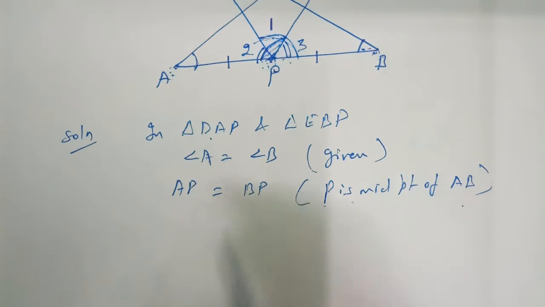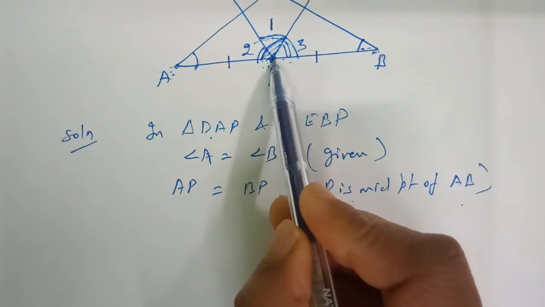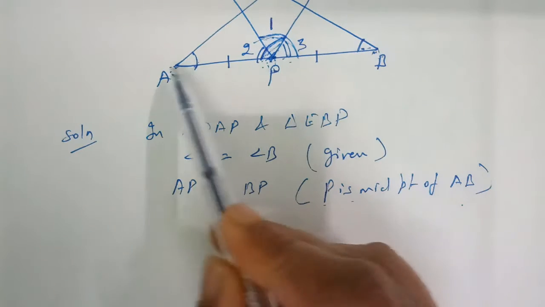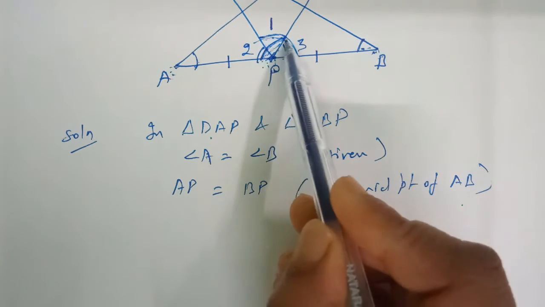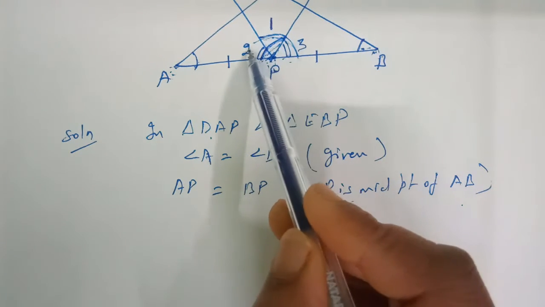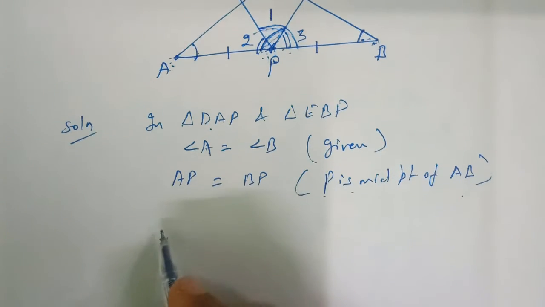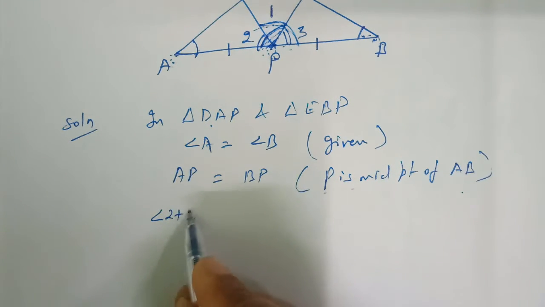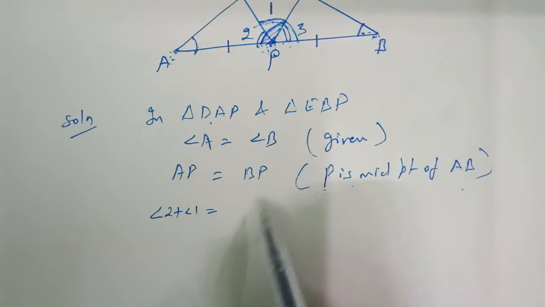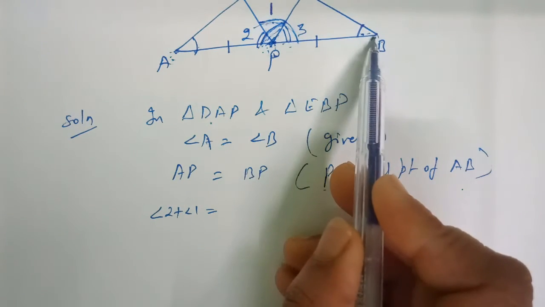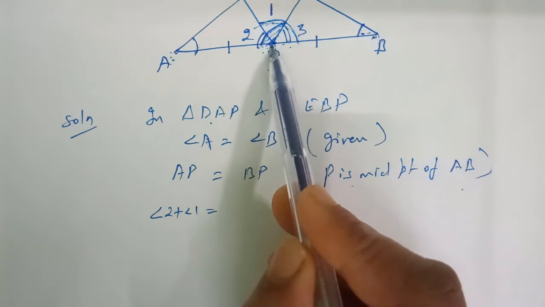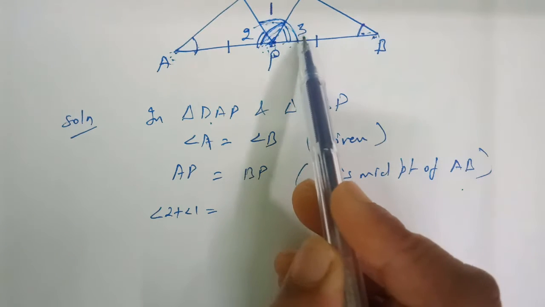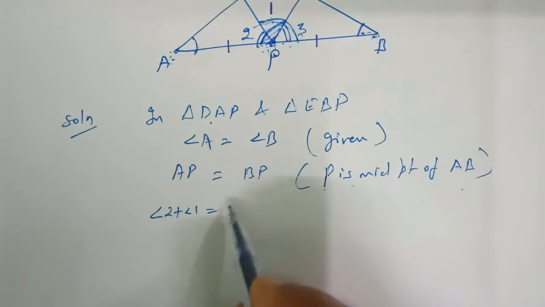Come to the third part. For triangle DPA, we take the angle P, and angle P is the combination of angle 2 and angle 1. So we write angle 2 plus angle 1 is equal to, and for triangle EBP, for the angle P, we have angle 3 plus angle 1.